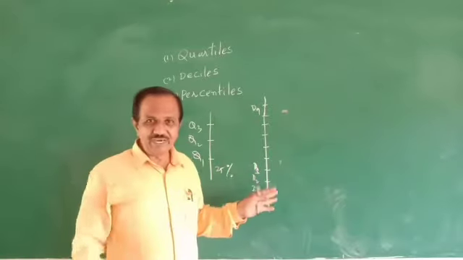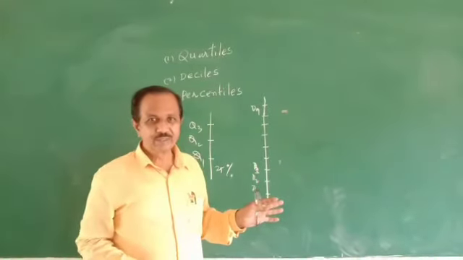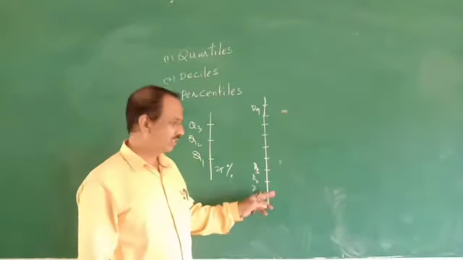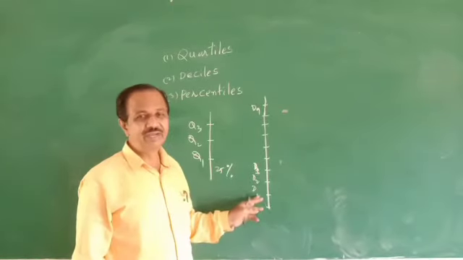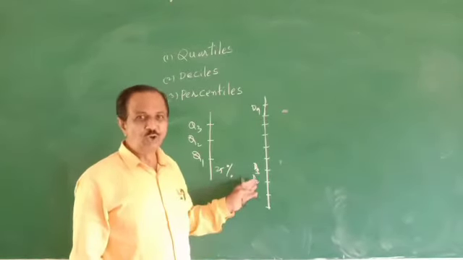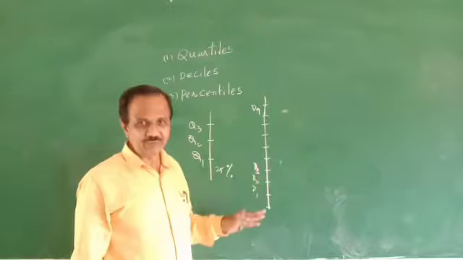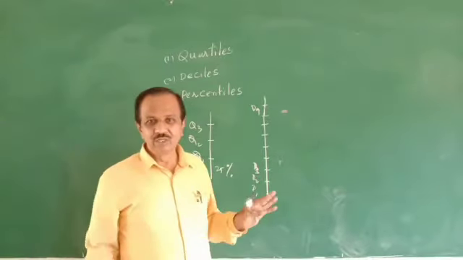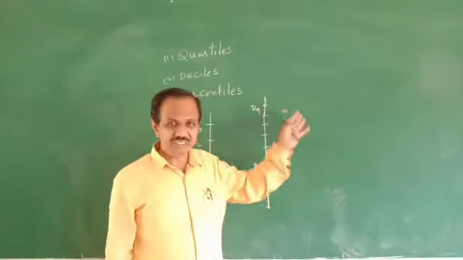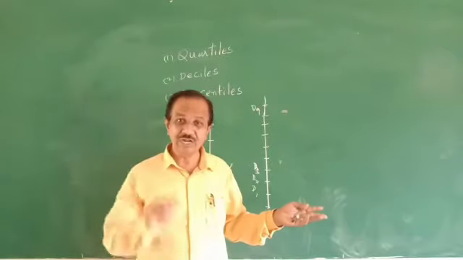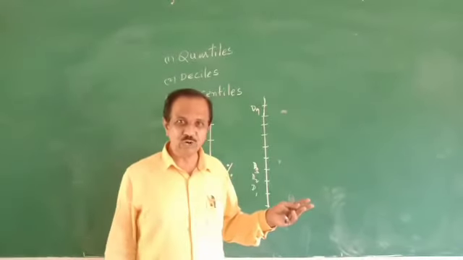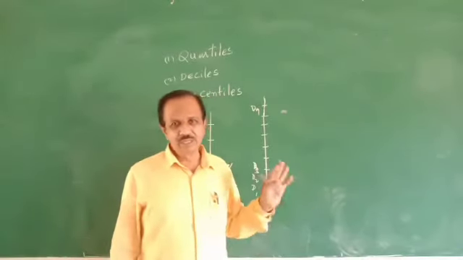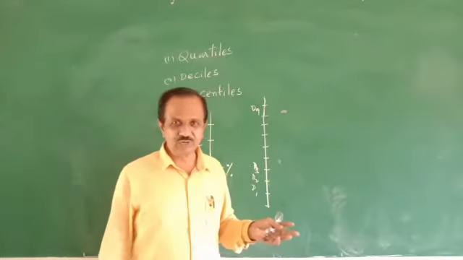So I divided the entire data into 10 equal parts. This is the first one, D1, 10% are below it, D2, 20% are below it, D3, 30% are below it, like that D9. So these are called deciles. In the same manner, percentiles, divide the data into 100 equal parts, and they will be percentile one and so on.